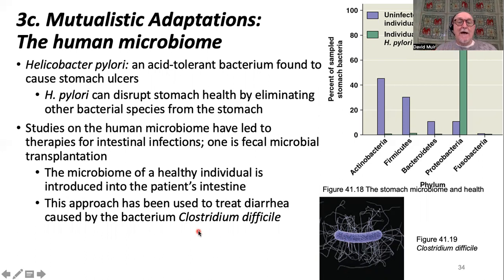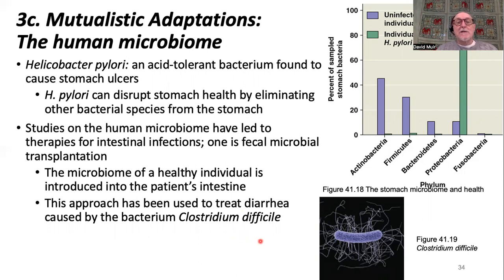And that was that you could have a transplant of gut bacteria from a healthy individual, put that into somebody suffering from Clostridium difficile, and within days, they recover from the Clostridium difficile infection.